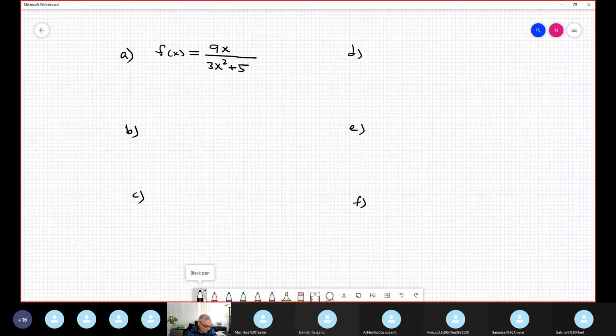Let's do it one by one. They don't want you to do the graph, only determine the vertical asymptote and horizontal asymptote.